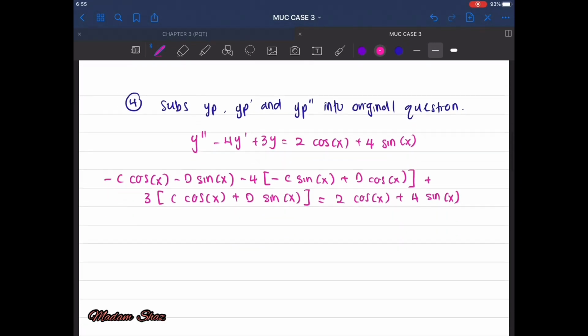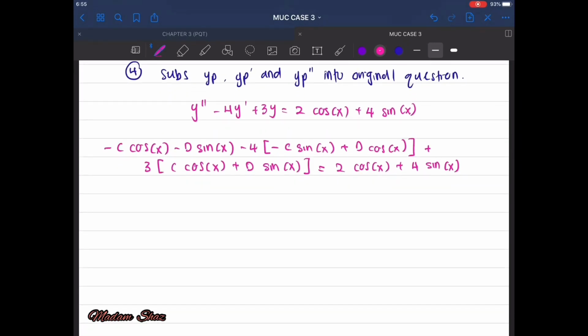So now before we compare the coefficient, simplify the left hand side. So you have negative 4 multiply negative c, negative 4 multiply positive d.